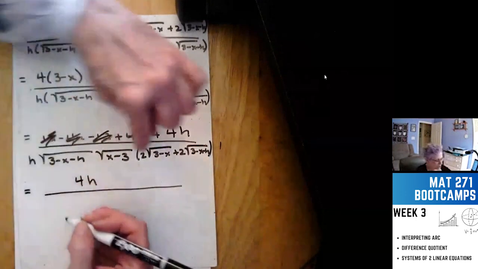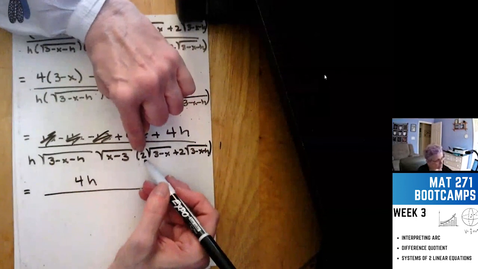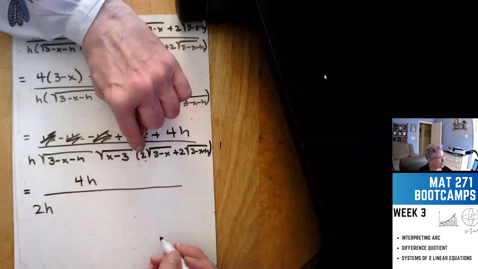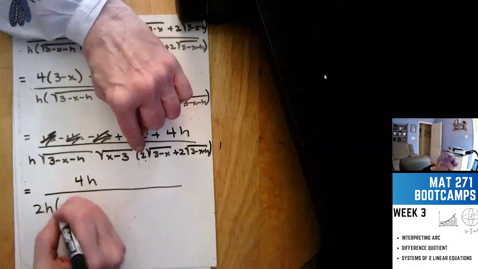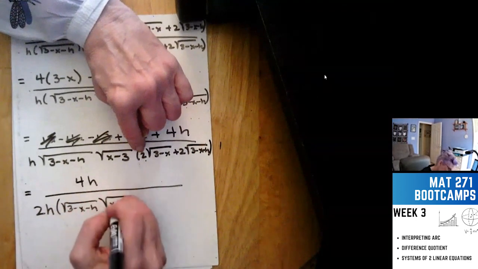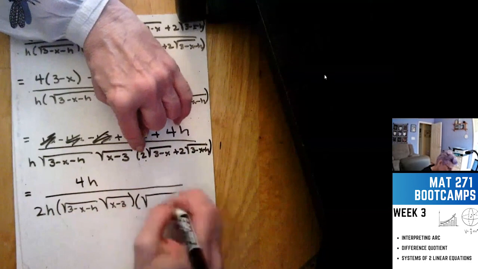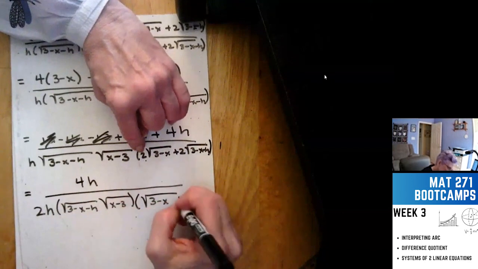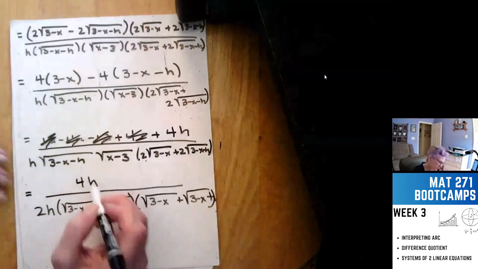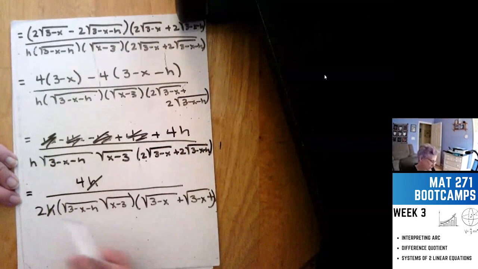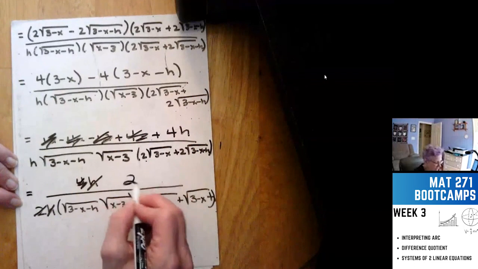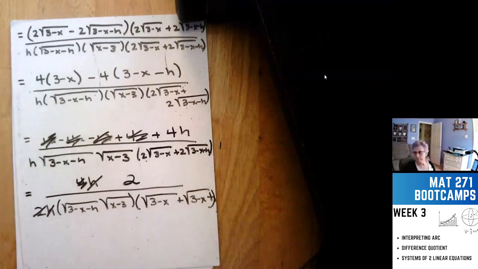I have an h down below, and if you're feeling fancy, you could factor this 2 out and bring it up there and put it with the h. Then you just have all these radicals left. You can cancel that h with that, and that 2 can go into that 4, and you're left with just a 2 sitting up top.